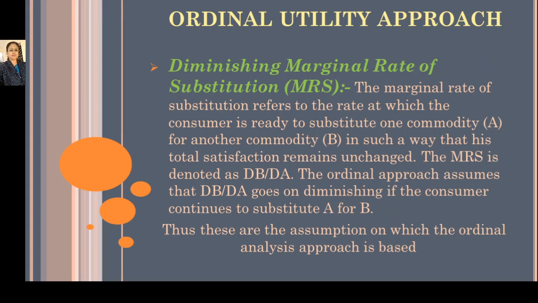First of all, you spend an equal amount of money on both the commodities, like 5 rupees on A and 5 rupees on B. Now, if you want to get more of B, then you have to leave some amount of commodity A to get more of B, because your money income is limited.